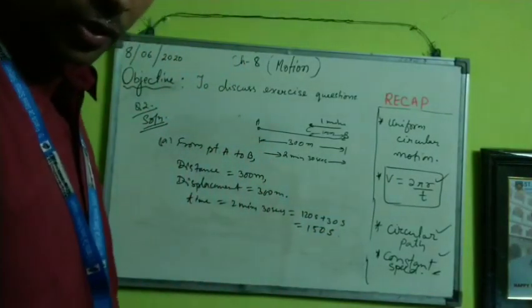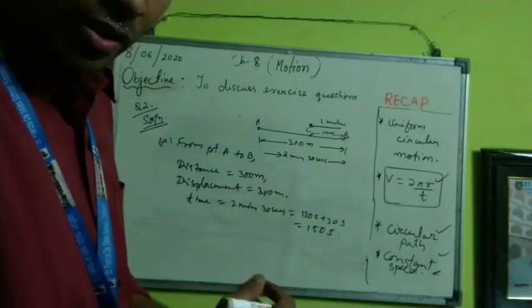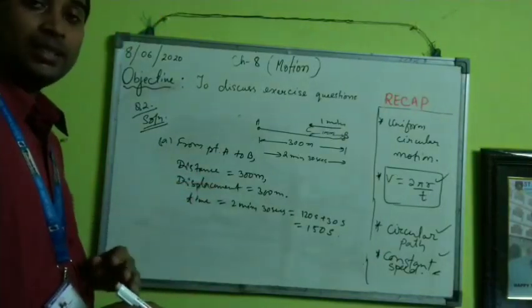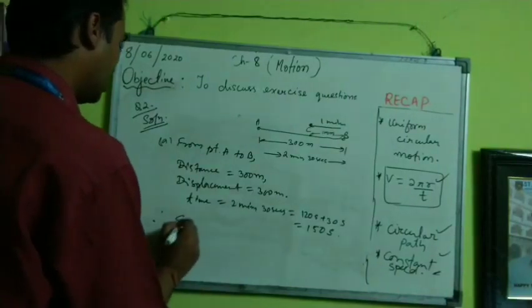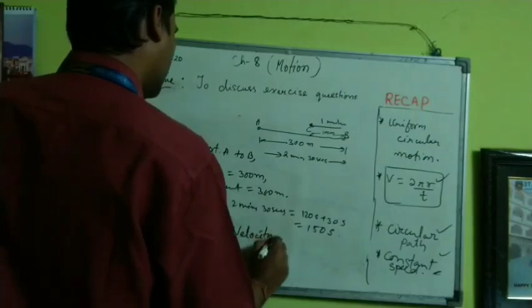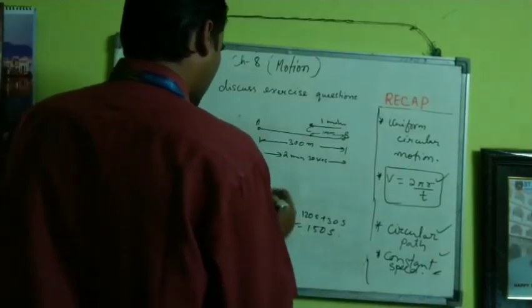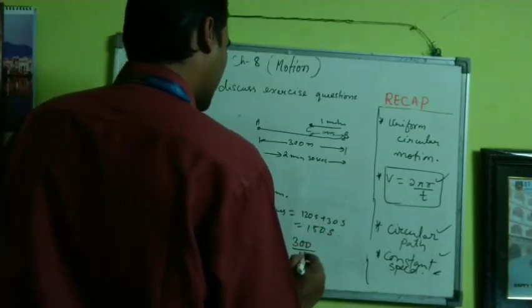So therefore for point A to B, the speed and velocity will be the same because we got distance and displacement as the same. So we can write in one line, speed equals velocity, which is 300 divided by 150.